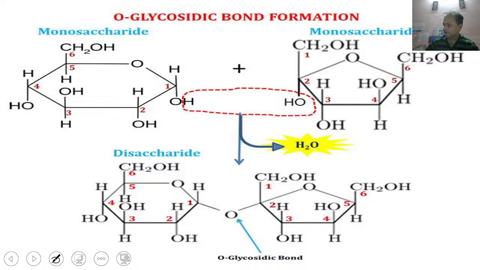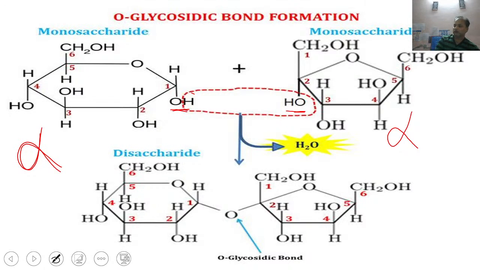Anyone? If here the OH is below the plane, and this is also an anomeric carbon, are these two alpha type or beta type? No, Anjali. Whenever the OH is below the plane, we call it alpha. This is alpha type and this is also alpha type only. So both are alpha type only. Don't guess.